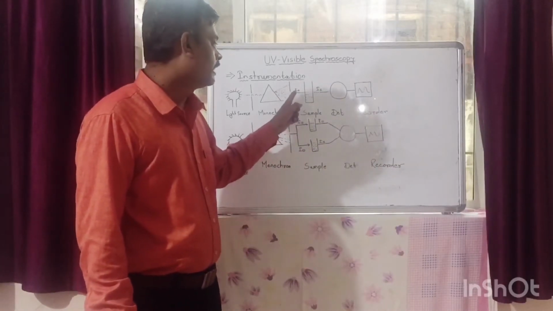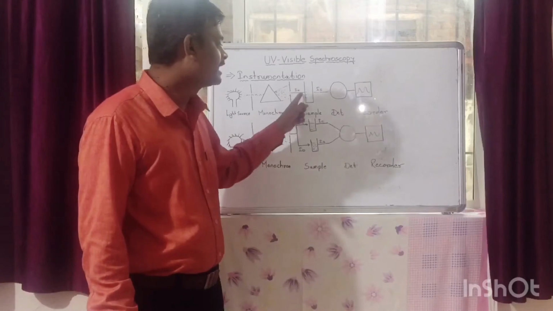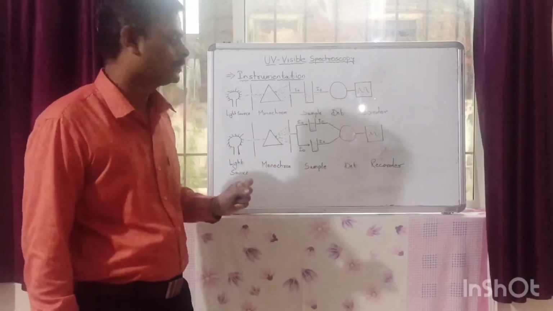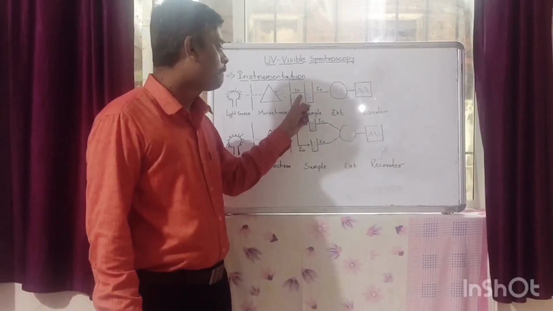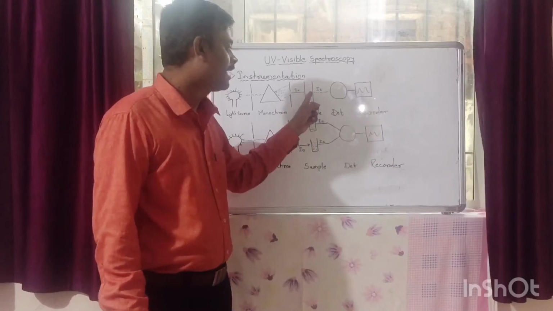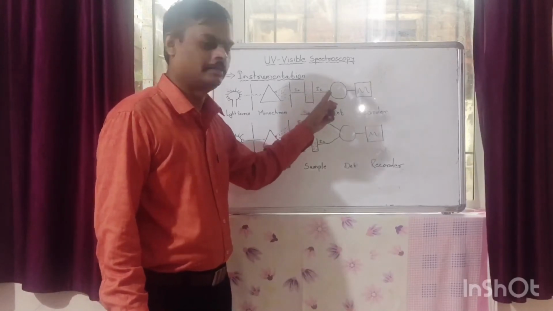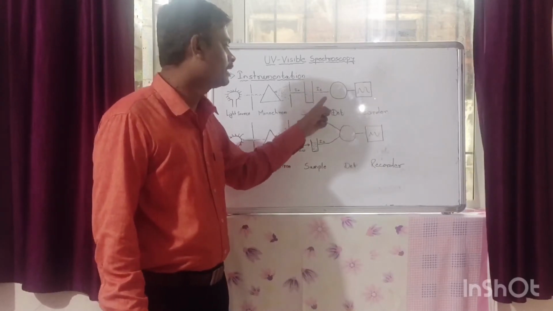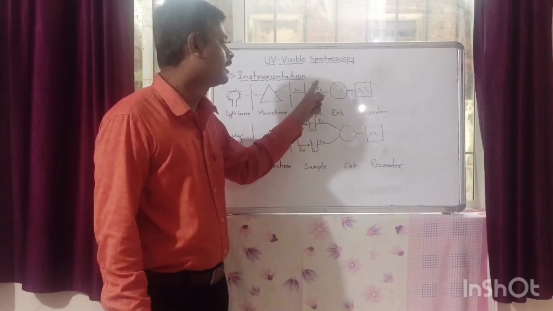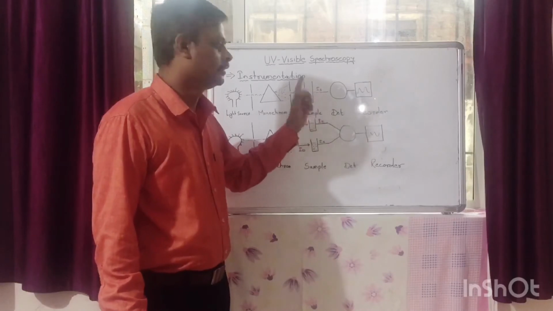The intensity of incident light, let's call it I0. When it passes through the sample and emits from the sample, it is called transmitted light. It is indicated by I1.